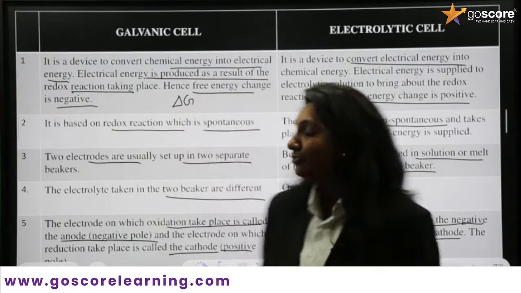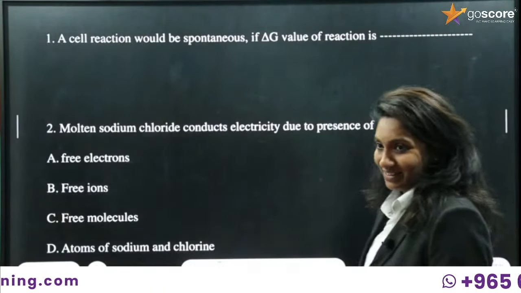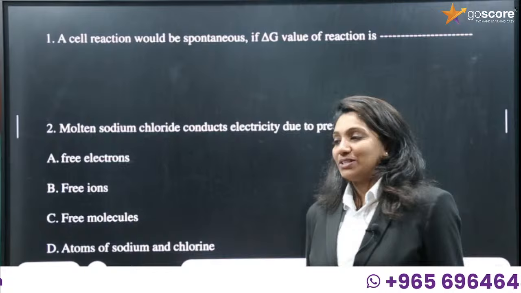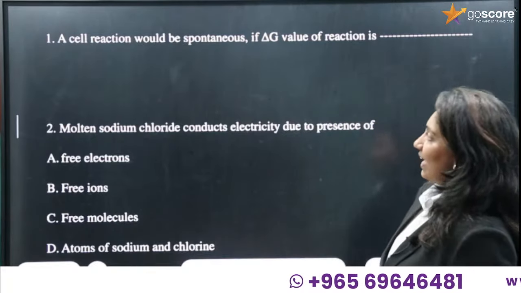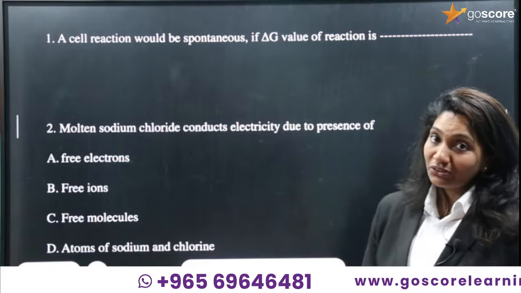I hope it is clear to you. Now, let's see some problems, some questions based on this portion. A cell reaction would be spontaneous if the delta G value is negative.